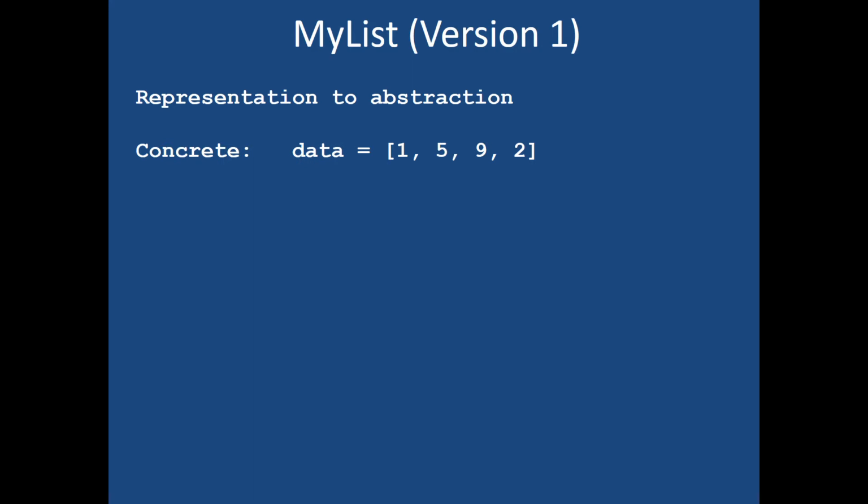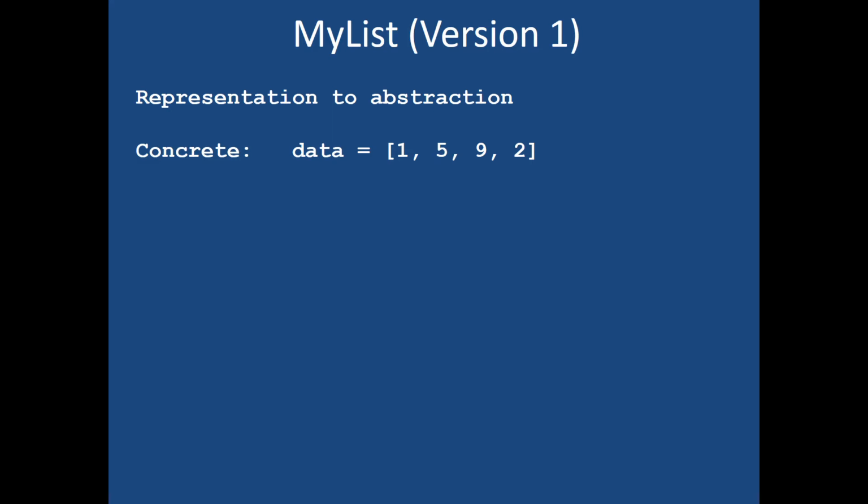Suppose that you cut an object open and it contains the array 1592. Or you've got a MyList object and you look at it in the debugger and you see that it contains a data array containing 1592. What MyList does that stand for?